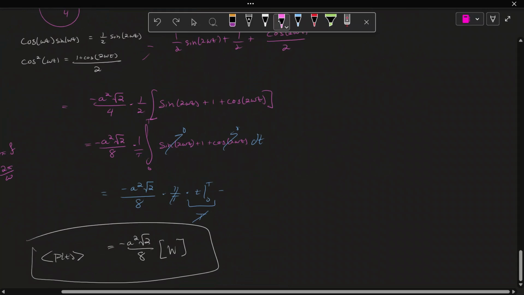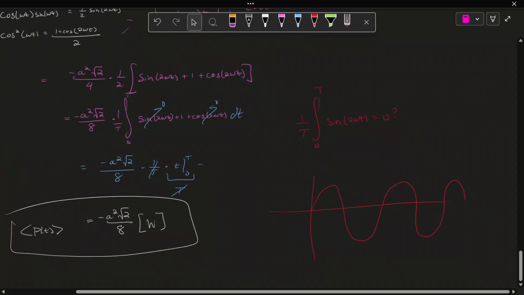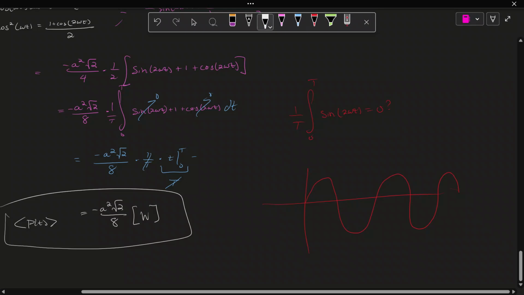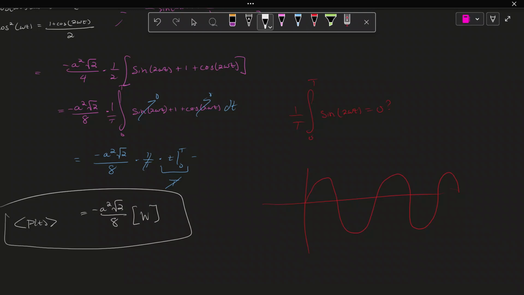Okay, so one thing to notice is, how do I know the time average of sine and cosine of 2 omega t is equal to 0? How do I know that? Well, remember from Circuits 2 in power, the reason we take RMS is because the actual average of sine and cosine is 0.